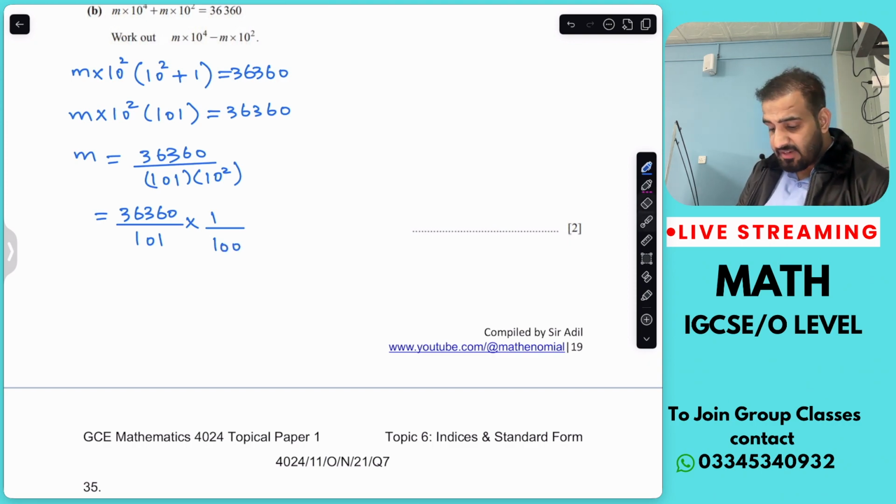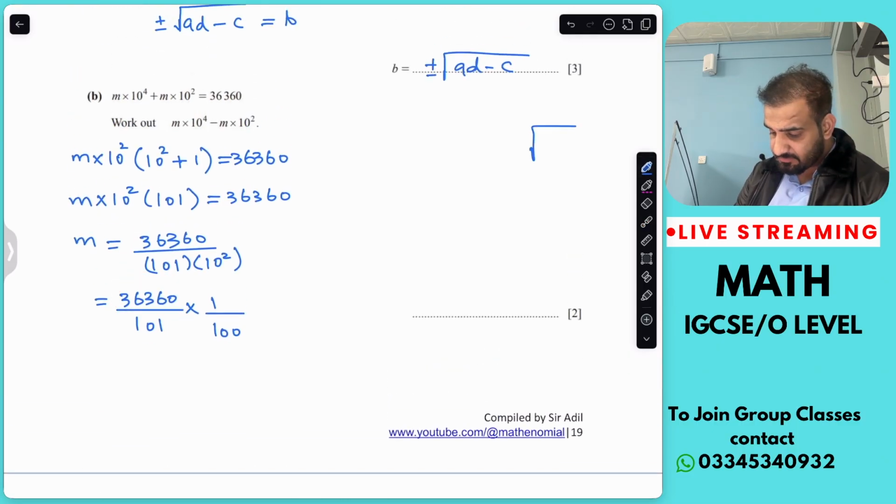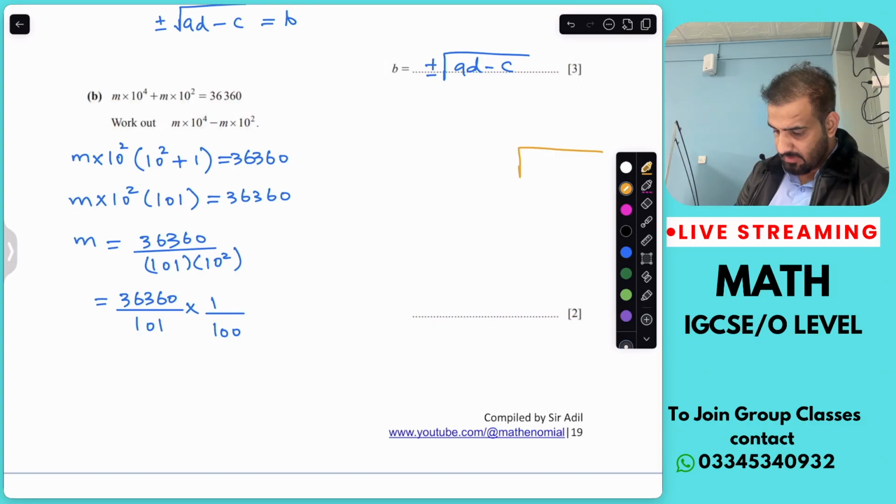So first let's divide this value using long division. 363, 36360, 101. So 101 into 3 will be 303.